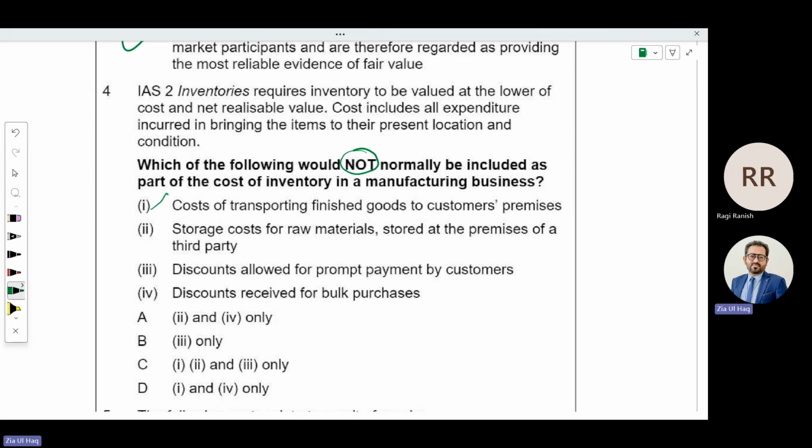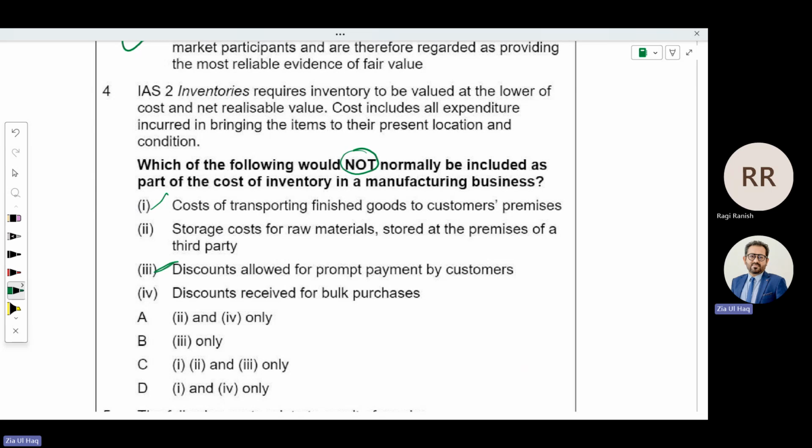Discount allowed for prompt payment by customer. Relating to customer, not relating to part of cost. Discount received for bulk purchases. This we need to deduct from the cost.